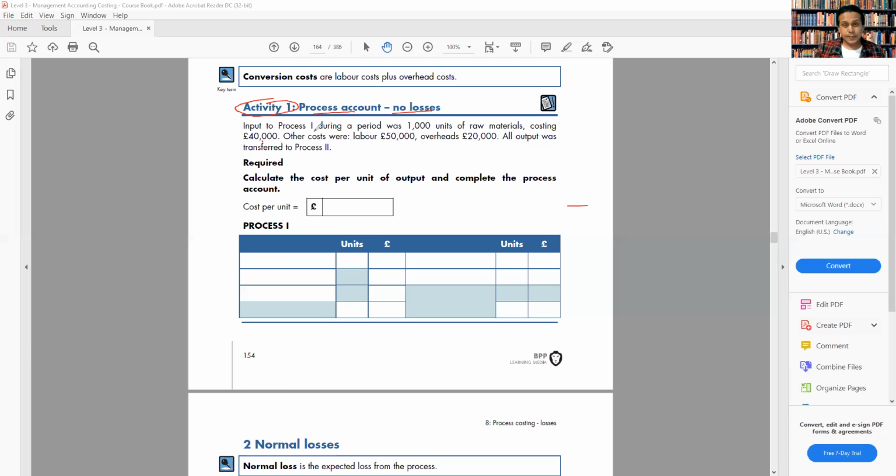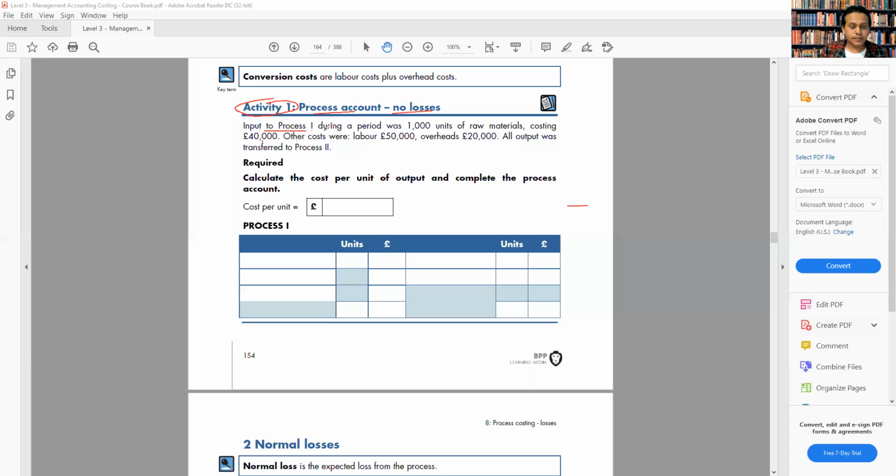Maybe in process 3, the complete bread comes out as output. So there could be different processes or different stages involved in making one product. So when you see input to process 1, they basically mean this is one step or one process where we start putting in the input. So let's have a look.